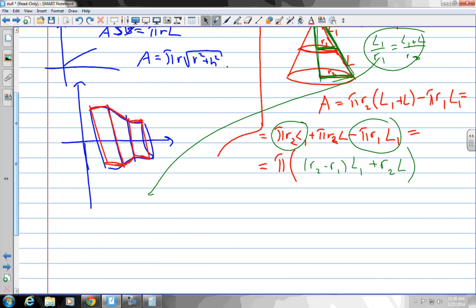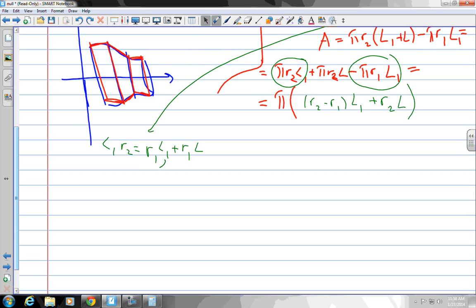Cross multiply gives you L1 R2 equals R1 L1 plus R1 L. Subtract this over: L1 R2 minus L1 R1 equals R1 L. Factor.